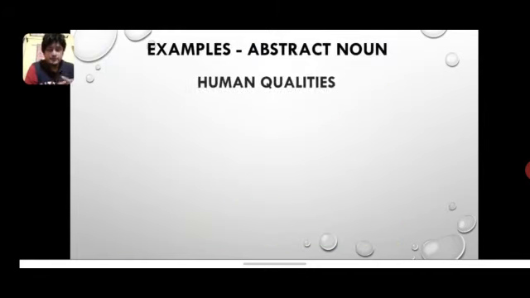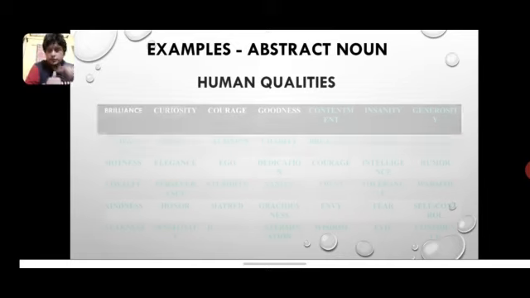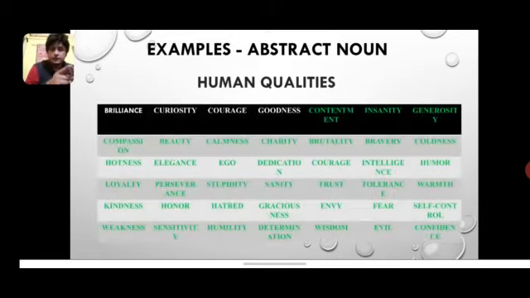Next up, we've got examples of abstract nouns under the category called human qualities. So we're talking about abstract nouns that refer to human qualities. Brilliance. If a person is brilliant, brilliant is the adjective here. As I told you, adjectives of quality have their corresponding abstract noun.